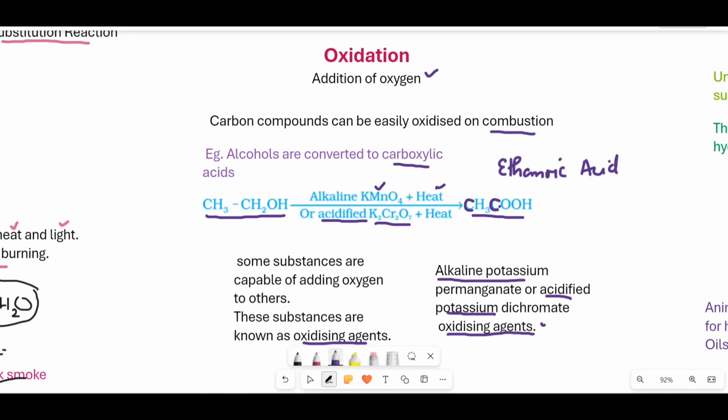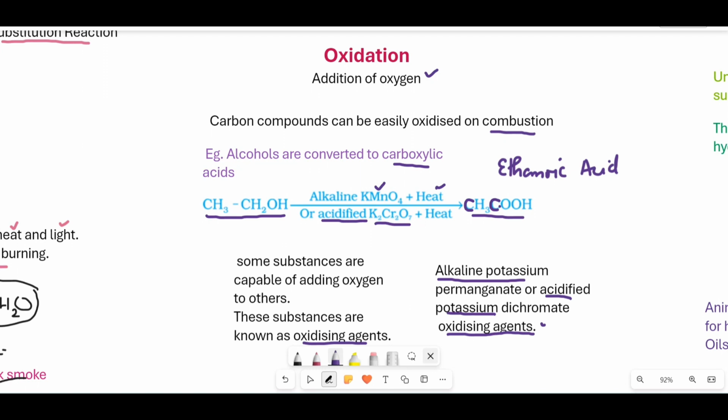So alcohol can be converted to ethanoic acid by oxidation with alkaline KMnO4 or acidified potassium dichromate. Both have oxygen and are capable of providing oxygen to other substances. So these substances we call oxidizing agents. So this is oxidation.